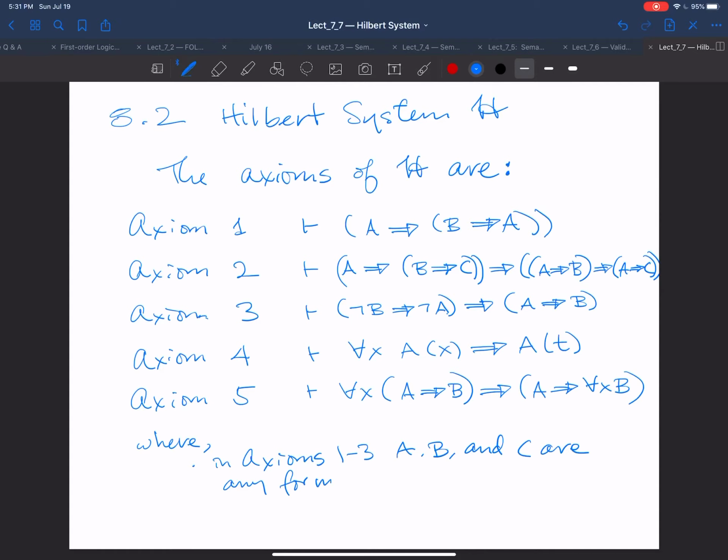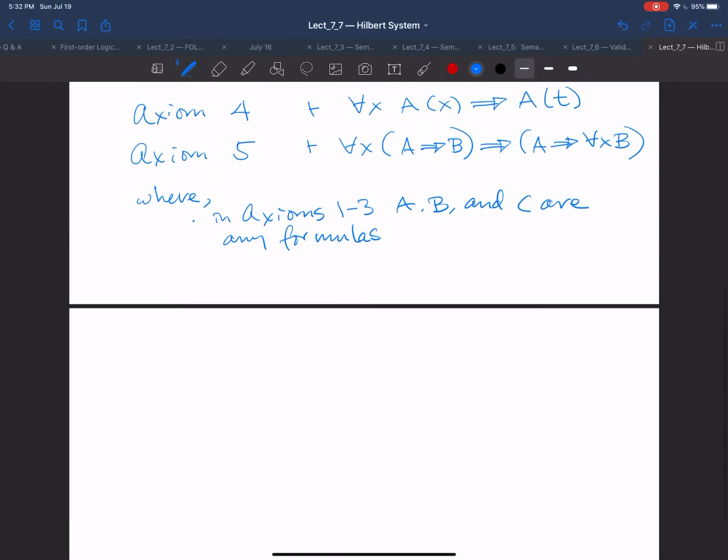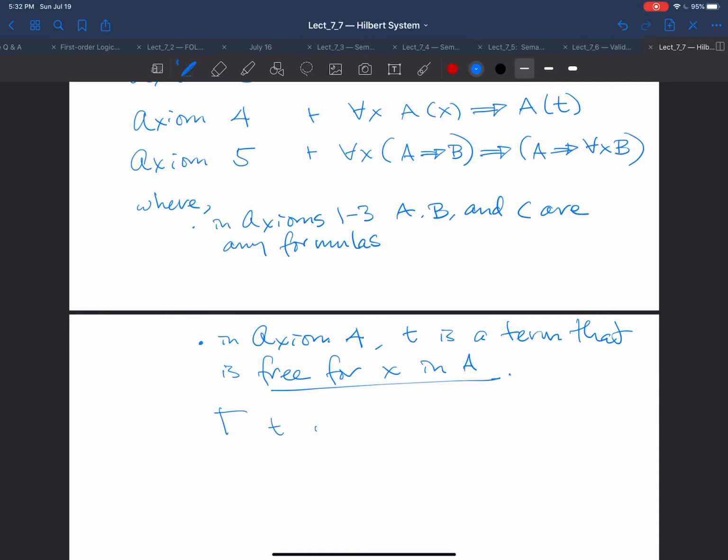And then in axiom 4, we say that t must be a term that is free for x in A. What do we mean by that? t, first of all, is a term, so again that means in our present context that t is either a constant symbol or a variable symbol. But I'll write out a more general definition of what it means for t to be free for x in A.